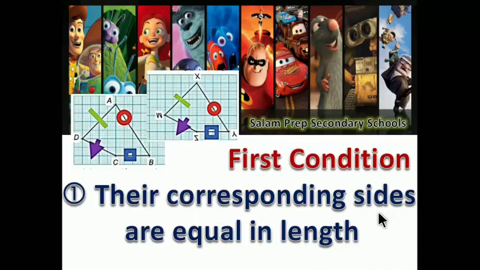Corresponding sides are equal in length means the side AB equal to the side XY. The side BC equal to the side YZ. The side CD equal to the side ZM. The side DA equal to the side MX.